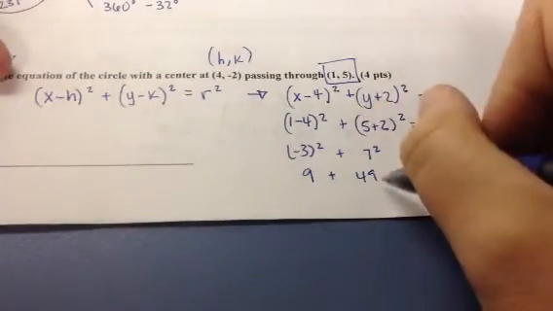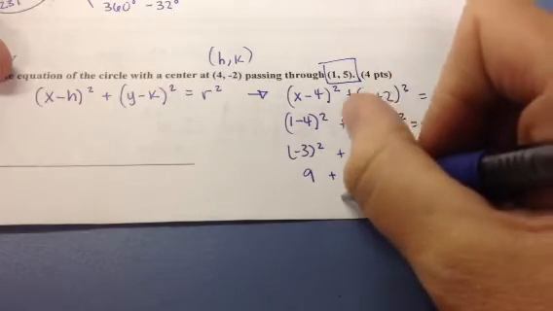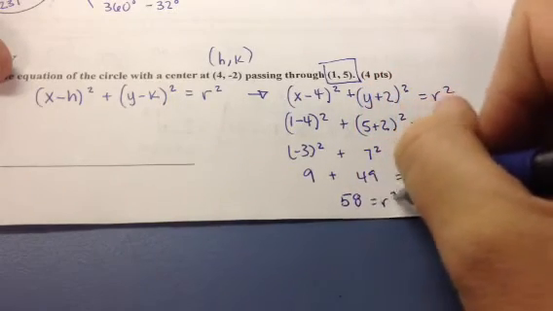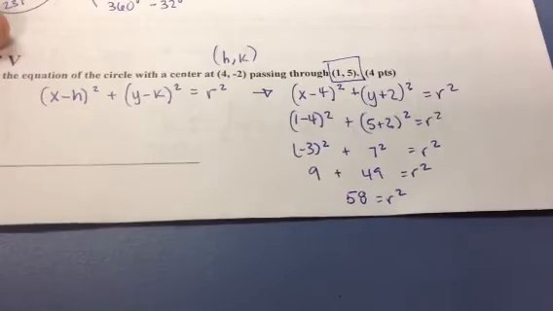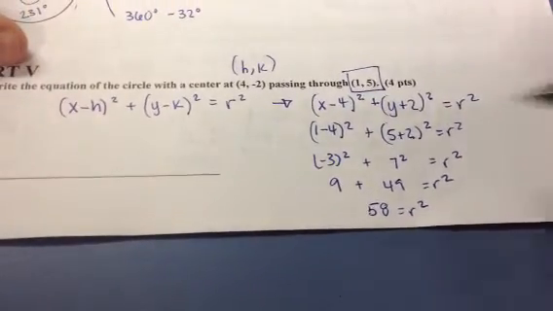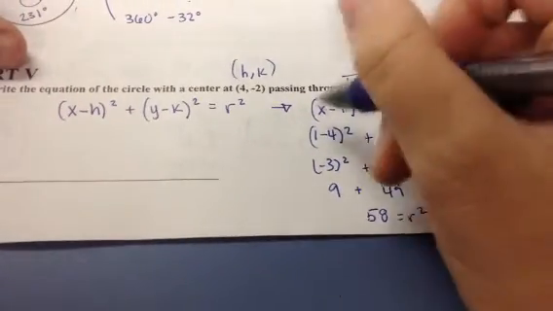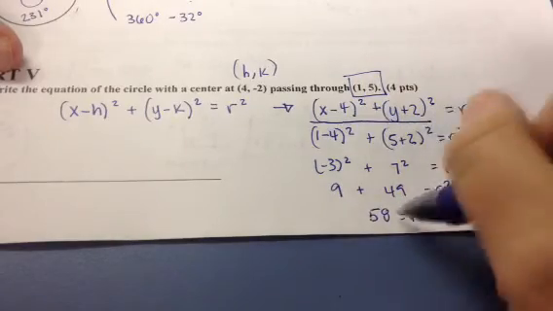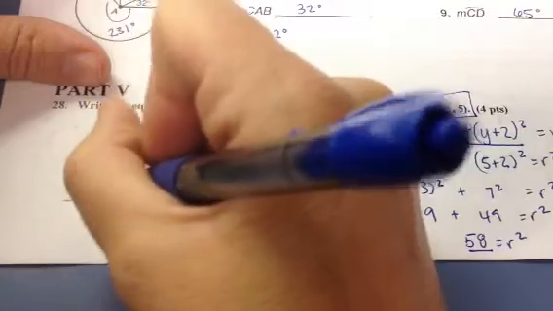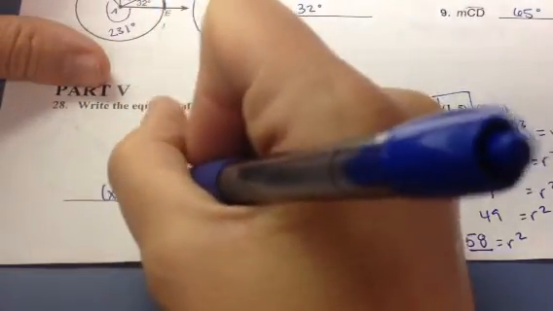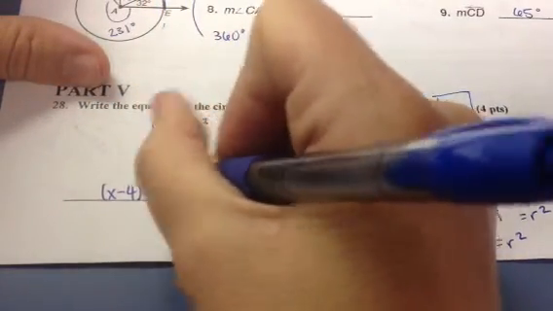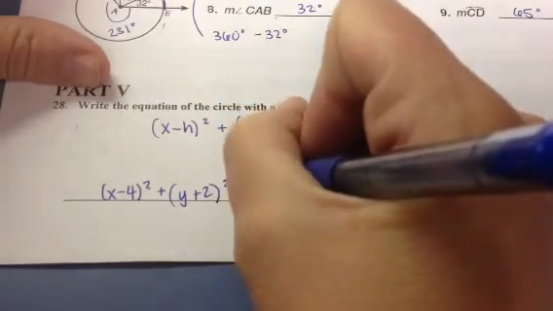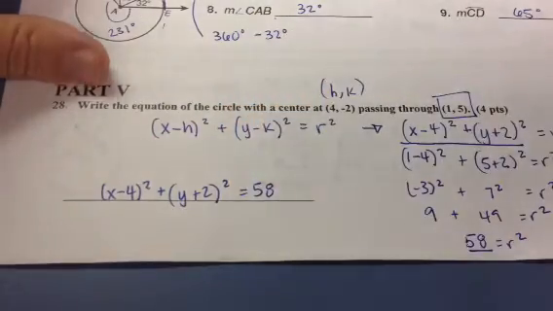So when I add those together, 49 plus 9 is 58. All right, so when I write my final equation, it has to have all of this in it and then 58 for r squared. So I would write (x minus 4) squared plus (y plus 2) squared equals 58. That's my radius squared.